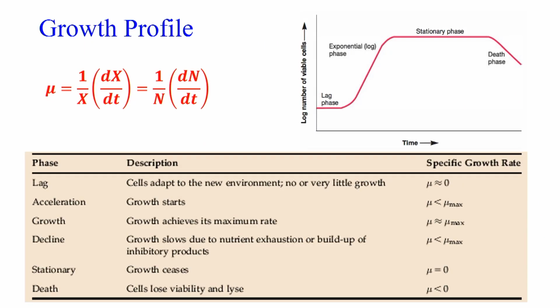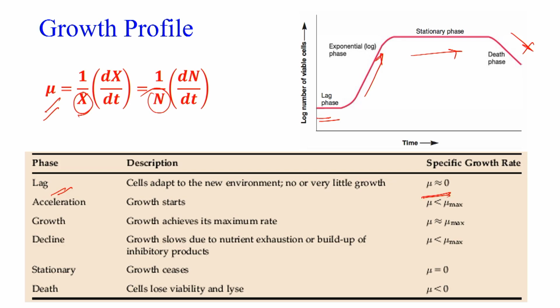So, the growth profile we can quickly see as we discussed in the last lecture. Specific growth rate can be written in terms of biomass or in terms of number of cells, and we have noted the 4 different phases: lag phase, growth phase, stationary phase and death phase, and these phases can be explained in terms of specific growth rate. In case of lag phase, specific growth rate is 0.